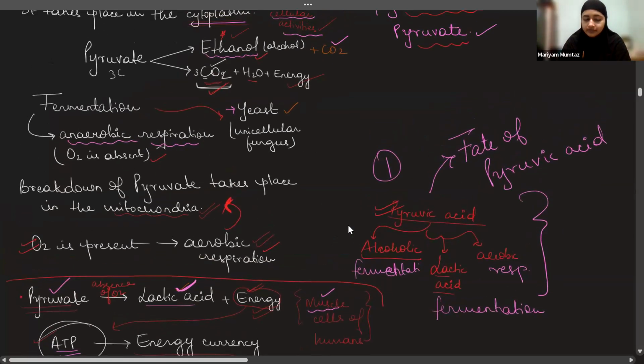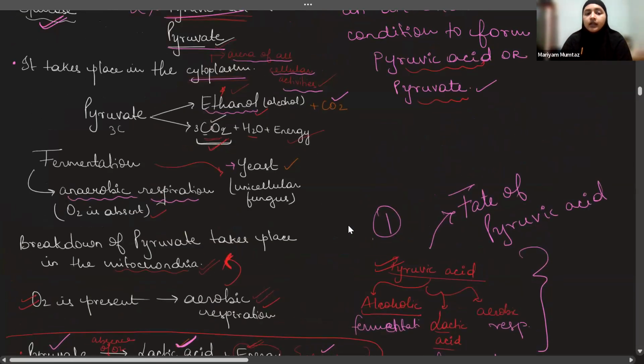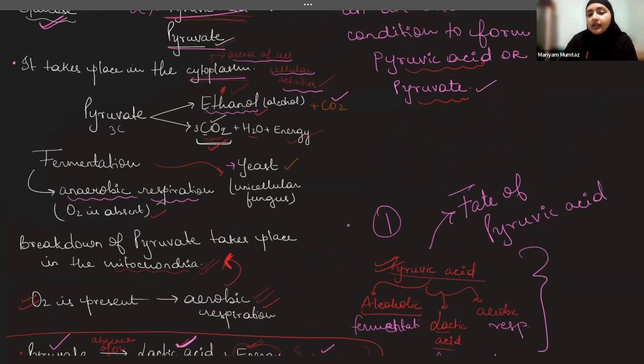All right. Now, when the pyruvic acid undergoes alcoholic fermentation. Fermentation is a process which happens under anaerobic condition. This pyruvic acid, which is a 3-carbon molecule, gets converted into ethanol and carbon dioxide. And ethanol is an alcohol.